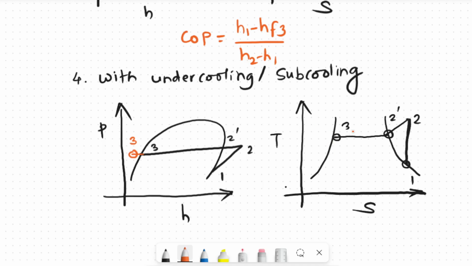On the TS diagram, the temperature is dropping, so 3 dash is like this, but on the pH diagram it is shown in this way. Then the process of expansion takes place.